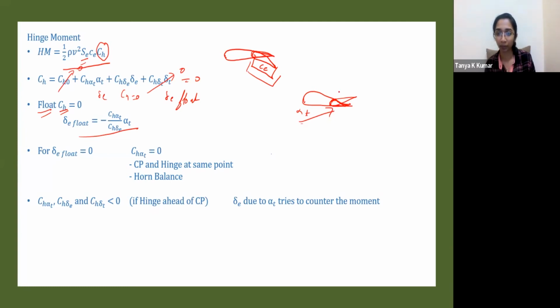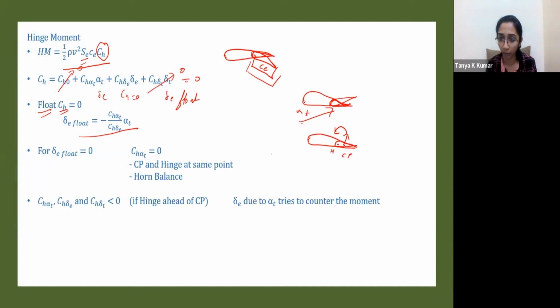Am I right? So in this cross section, you have a center of pressure here. Center of pressure is where we assume all of the aerodynamic forces to be acting. And this is the hinge point. So the force produced here produces a nose down moment, right?